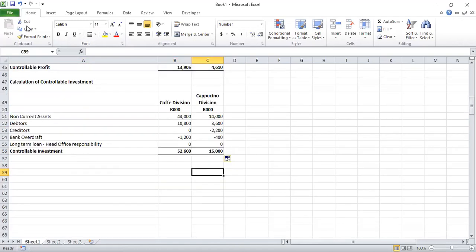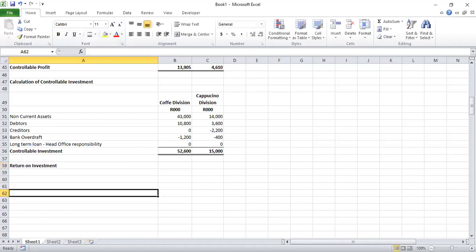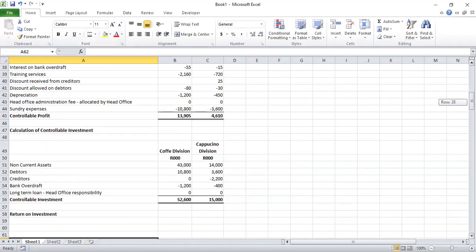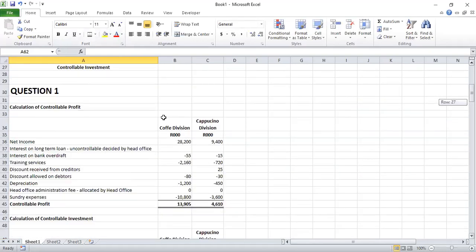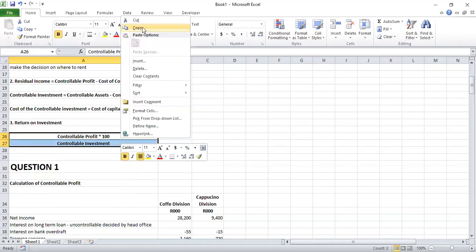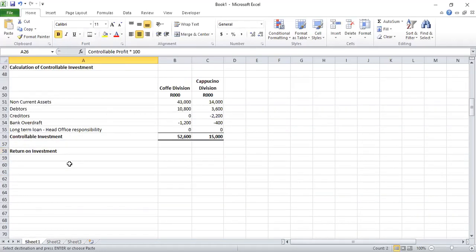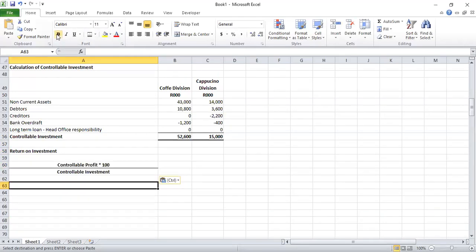Right, then we can now calculate our return on investment since we now have the parameters that we need. All right. Remember, it's controllable profit over controllable investment. So we'll calculate for the coffee division.